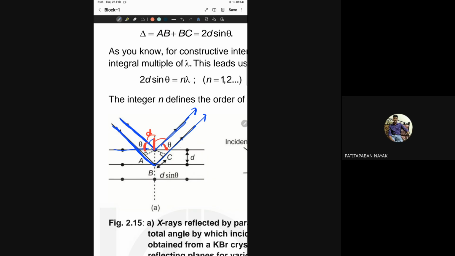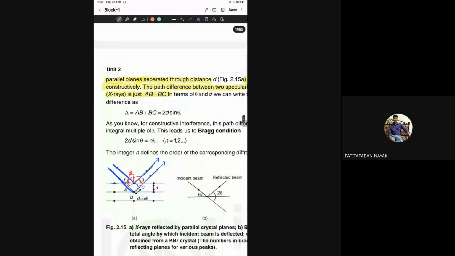Since this interaction is elastic, meaning the X-ray does not lose any energy while interacting with the crystal, they will interfere. Now, if they interfere, what is the path difference? That's what it is telling in this part.